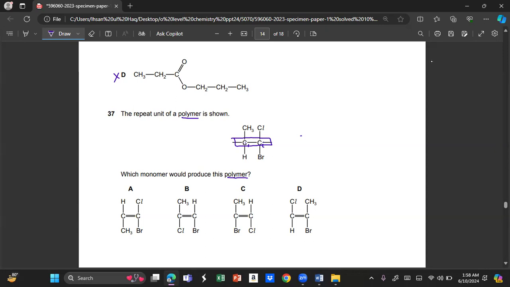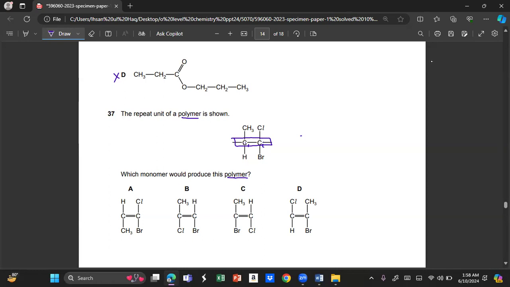Keep in mind, in addition polymers, the monomers used for making the polymer must have a double covalent bond because monomers are usually identical and unsaturated.